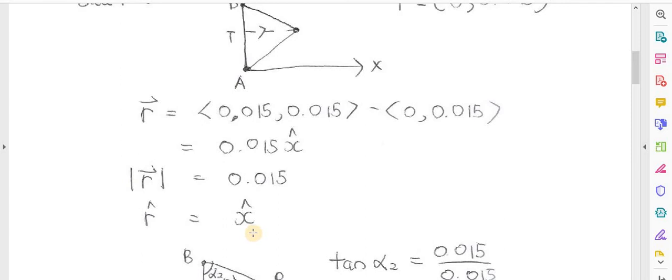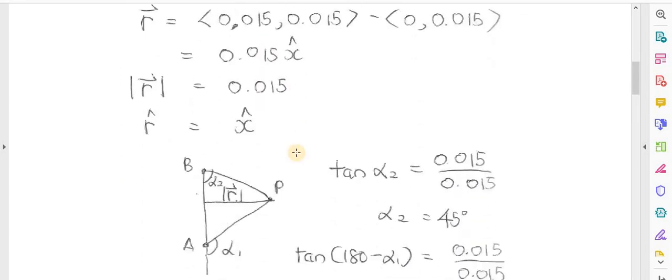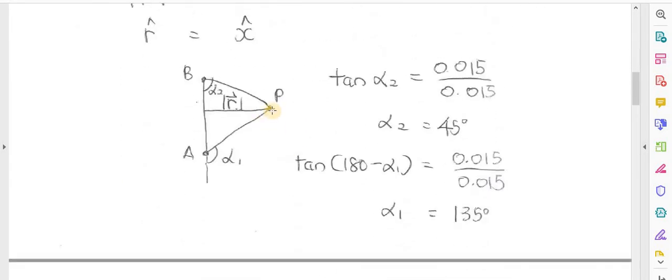Next, we have to find alpha 1 and alpha 2. This is point P, so this is A and B. Alpha 1 will be outside, alpha 2 will be inside. For alpha 2, we will look at this triangle. It will be the magnitude of vector R divided by this one. This length is 0.015, so you get 45 degrees here.